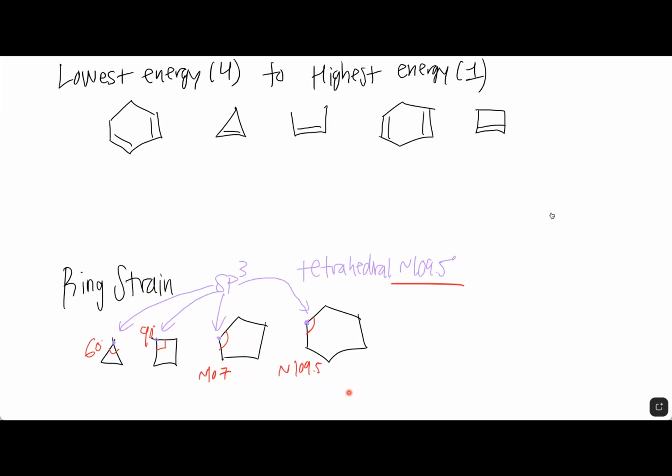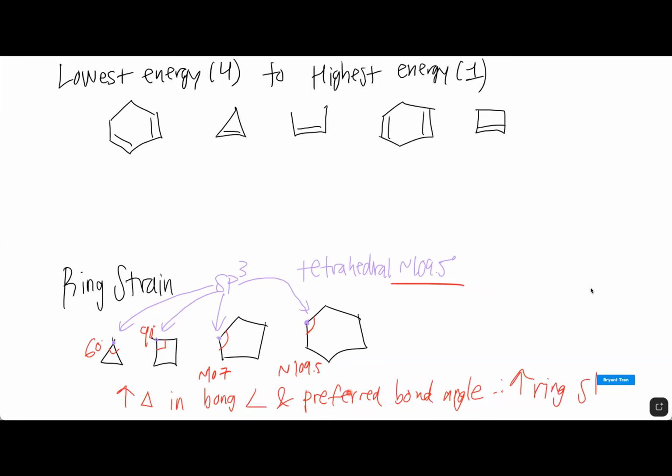And cyclopropane and cyclobutane have more ring strain because an increased difference between the bond angle and the preferred bond angle means an increase in ring strain, right?